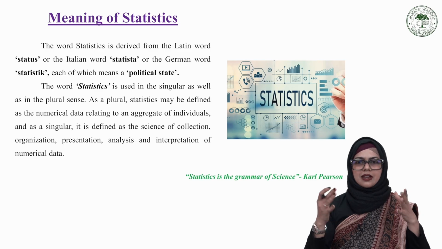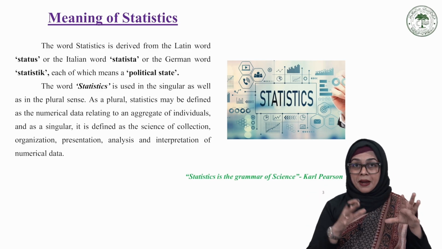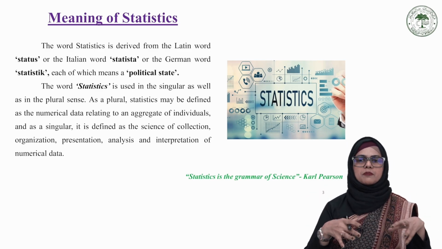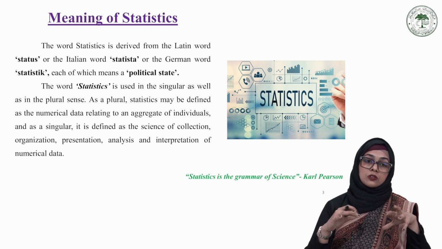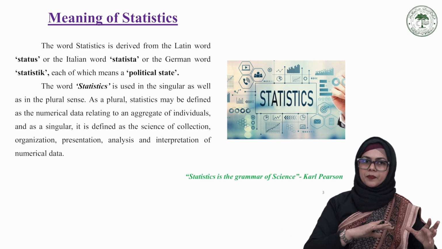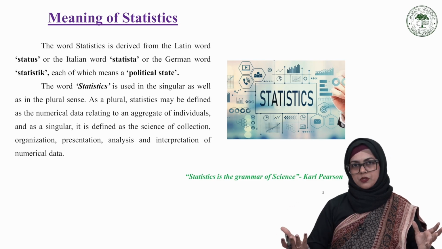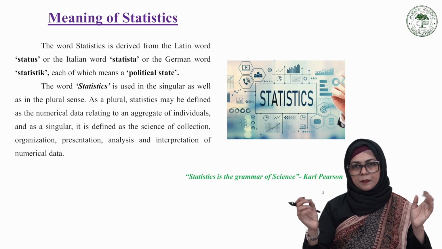Originally statistic was not meant for mathematical data analysis, but more of a descriptive study of the political state. Now statistic is used as a singular word, and it also has a plural sense. The spelling is the same, but there is a difference.